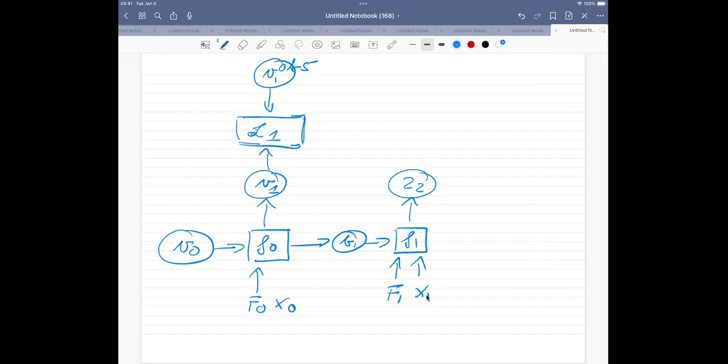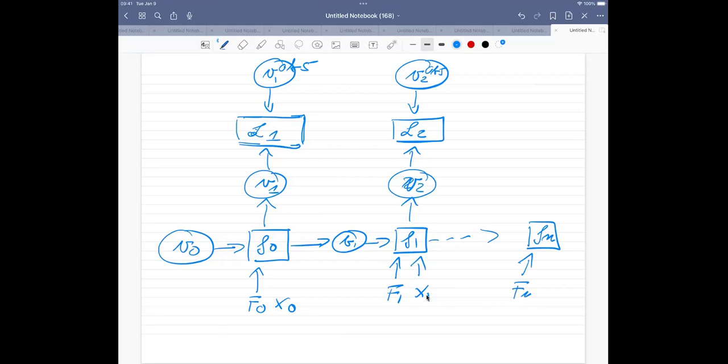And then this V2 here is inputted to L2, where we then make a comparison with the V2 observed. This would continue all the way to the final time, the Fn, and then we have an Fn and an Xn here. This produces an output, which is my Vn.